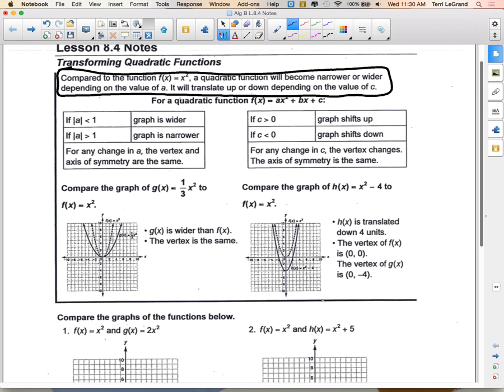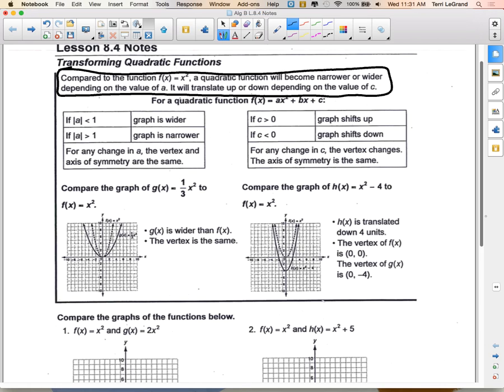It was in the 8.1 notes, the very first set of notes we took in this chapter. Find those notes. It says f of x equals x squared is the parent function of the quadratic family.